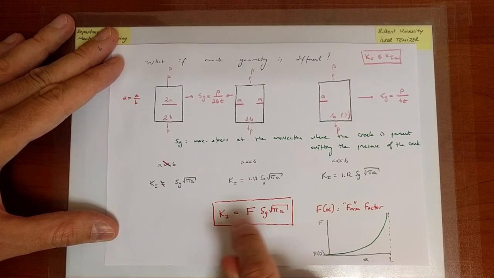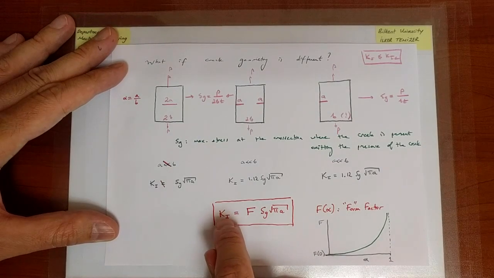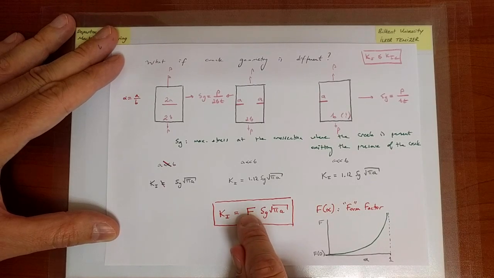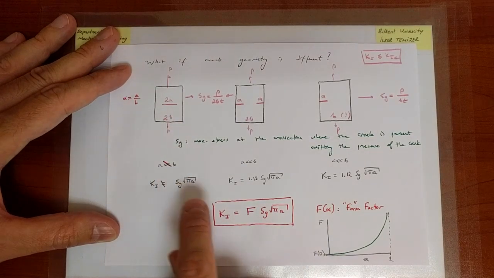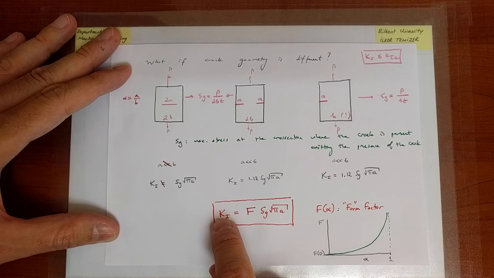So K is proportional to F. Therefore, any possible error in the calculation that I'm making for K can be attributed to the error that I'm making on F. So for instance, if the value of F for this particular case is supposed to be 1.2, but instead I take it to be 1, then the error I'm making on K1 is 20%.